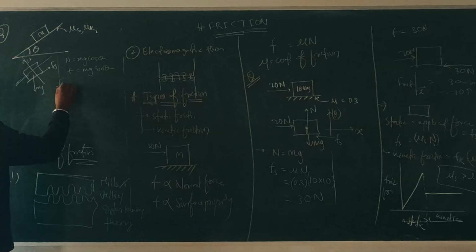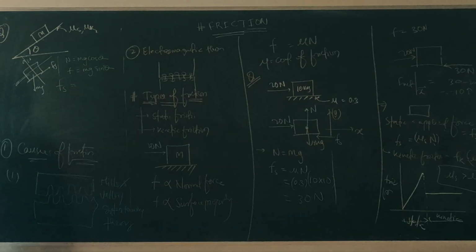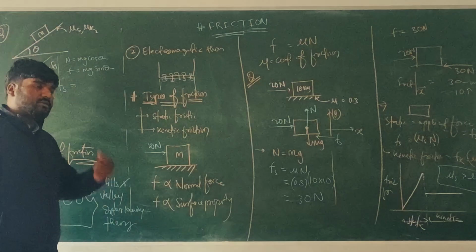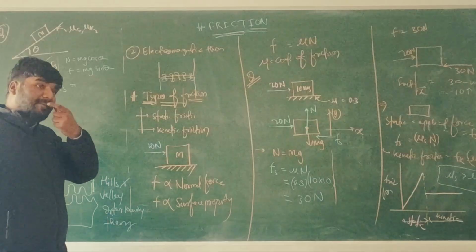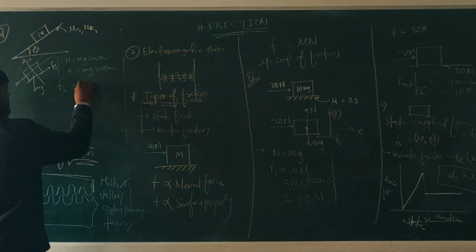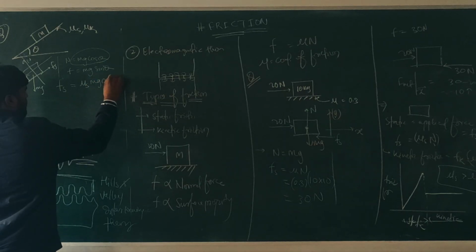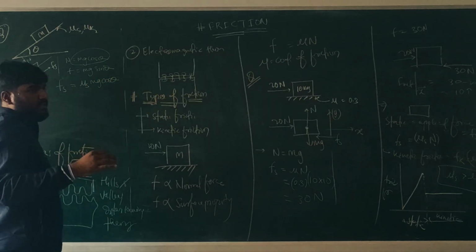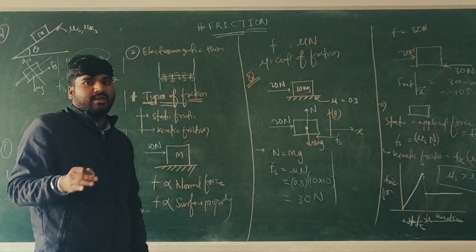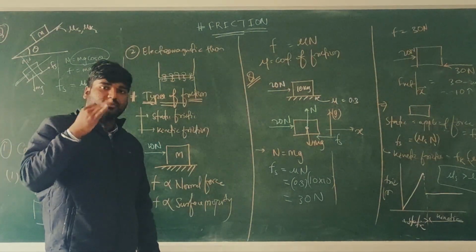Now, what is the Fs? Fs is the maximum force that the surface can offer, which is mu times N. Mu is a surface property and N is the normal to the surface.